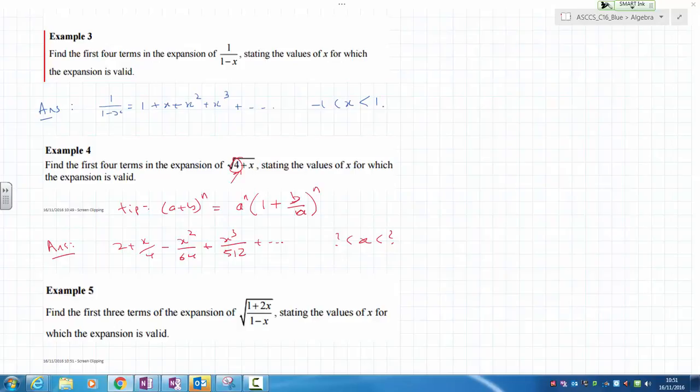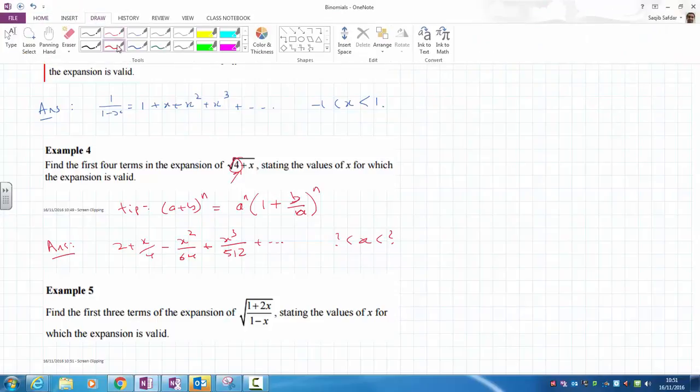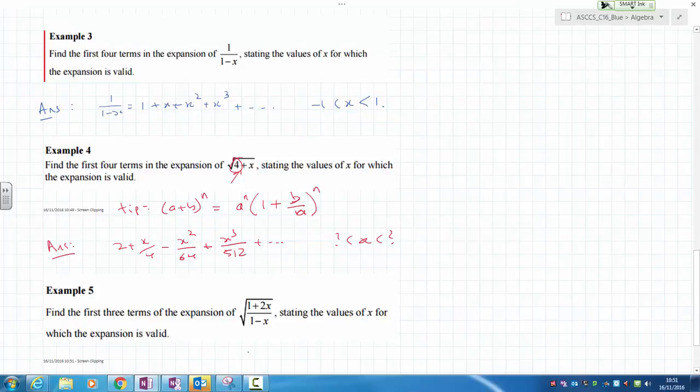And the final answer for 5 is going to be 1 plus 3 over 2 x plus 3 over 8 x squared, and the limit, I want you to tell me what you get, and it's quite an interesting little discussion we can have. So I'll let you finish that off, and then we'll go over it if needed.